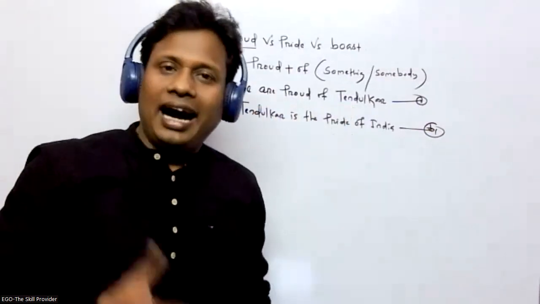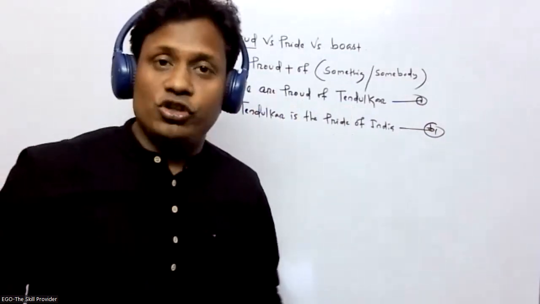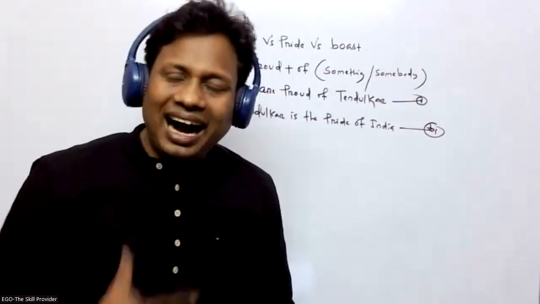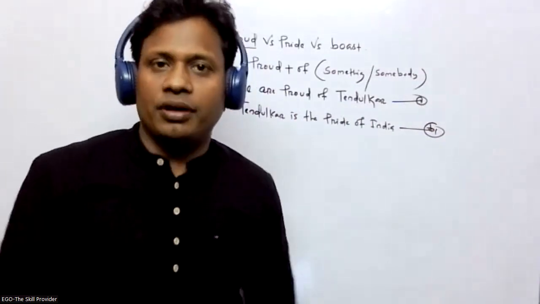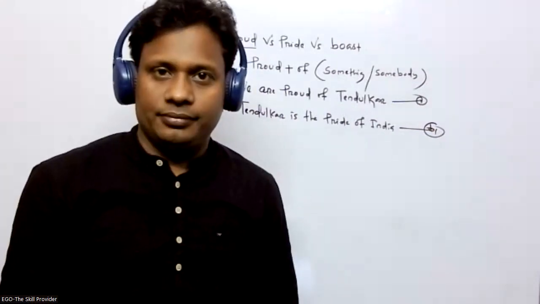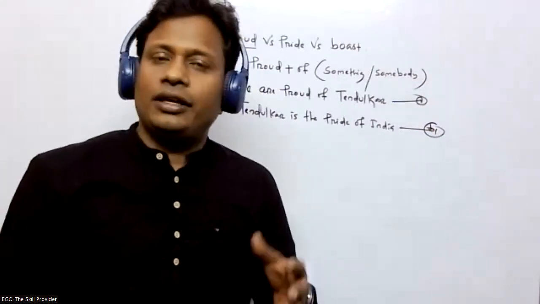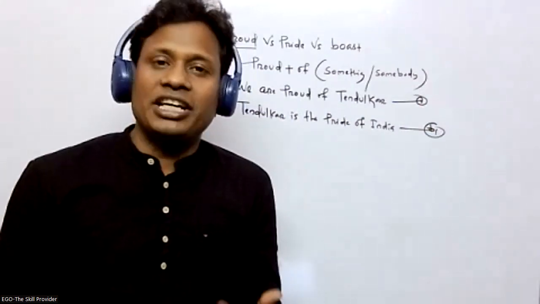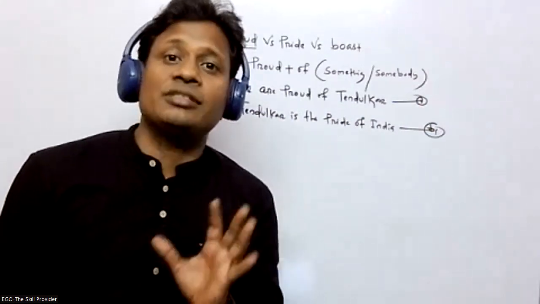You can say, I am proud of my son. I am proud of my daughter. I am proud of my brother. My brother is the pride of my family. Take an example of Michael Kindo. He is one of the finest hockey players that Odisha has produced.